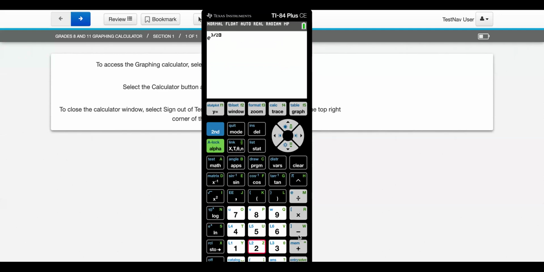I press enter, and I get 4.48. The acceptable answers according to the College Board are 4.481 or 4.482. So either of those are acceptable. And now I'm going to switch back to the actual questions.